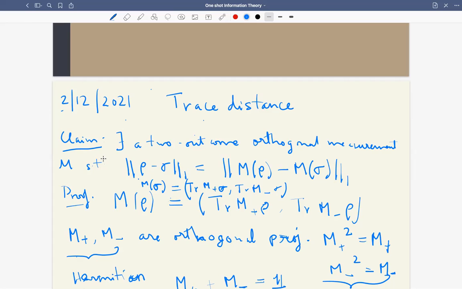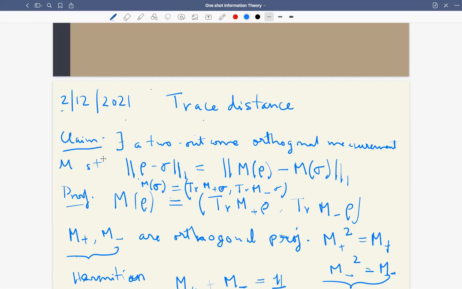So here is the first idea that you see, that the trace distance seems a good figure of merit to talk about distinguishability of two quantum states. So if two quantum states are close in the trace distance, that means no measurement can distinguish between them.